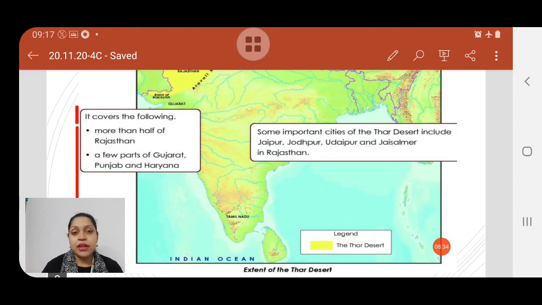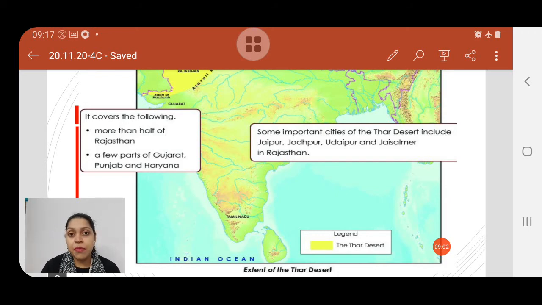So children, this is about the extent of the Thar desert. It extends towards Pakistan also, the Punjab and Sindh areas. Then it covers some part of Gujarat also, some parts of Haryana also. Haryana is towards the north of the Thar desert. Then Punjab is towards its north, and towards its south is Gujarat and the Rann of Kutch.